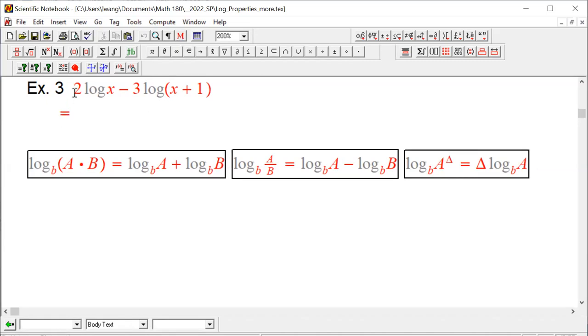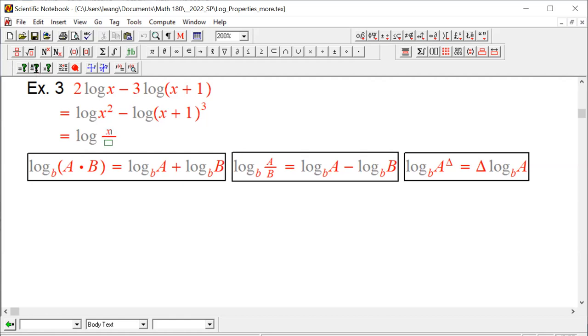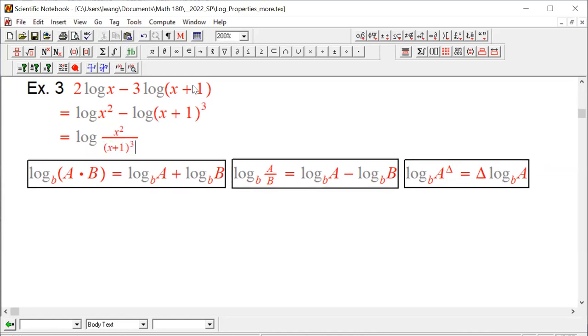Power rule: the 2 goes inside the log and becomes log of x squared. Same base. Minus log, we bring the 3 inside, so that becomes x plus 1 raised to the power 3. Then we apply the quotient rule. We get log of x squared over x plus 1 to the power 3.